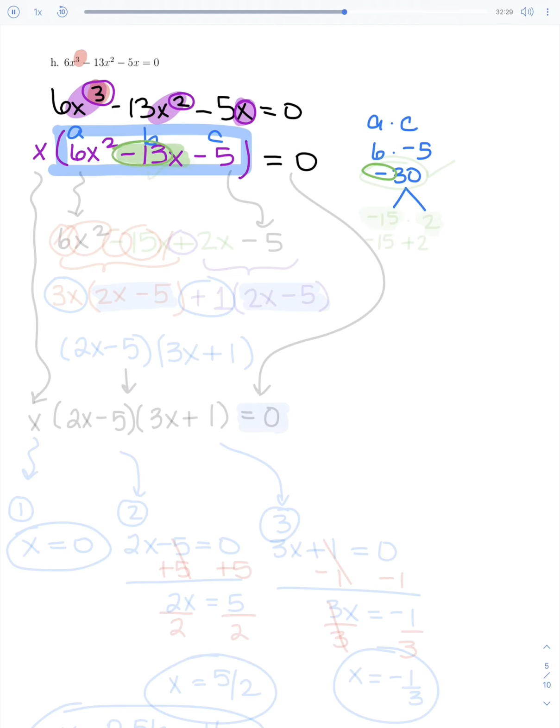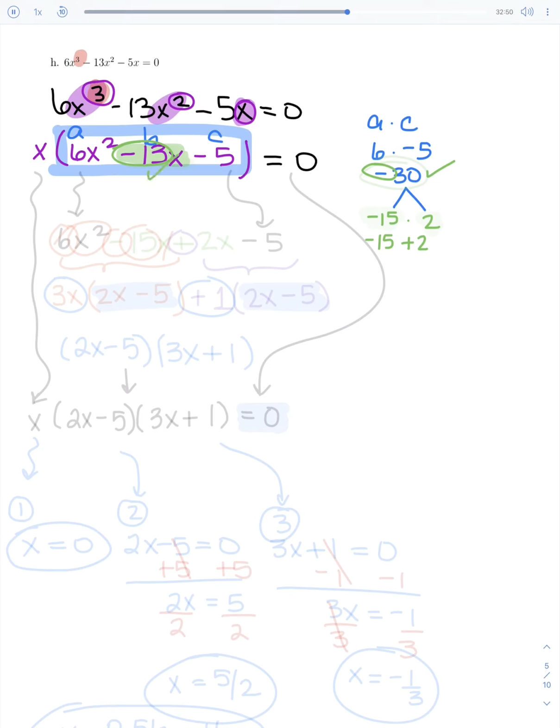But we also want to get negative 13. Well, the only two numbers that will do that are negative 15 times a positive 2. Negative 15 times positive 2 gives us the negative 30. However, the negative 15 plus the positive 2 also gives us the negative 13.